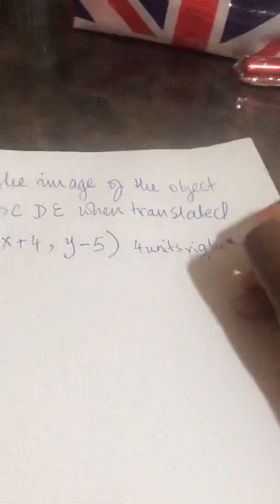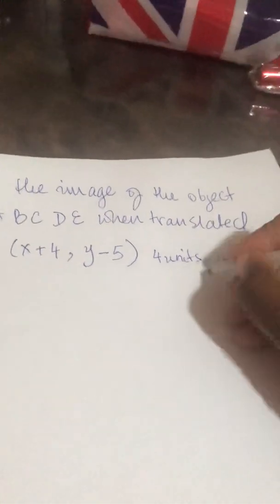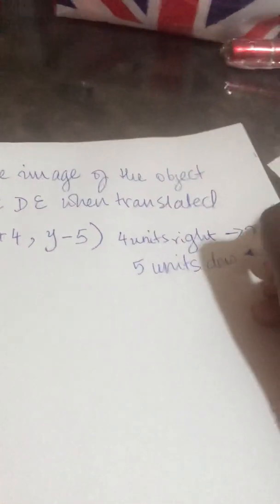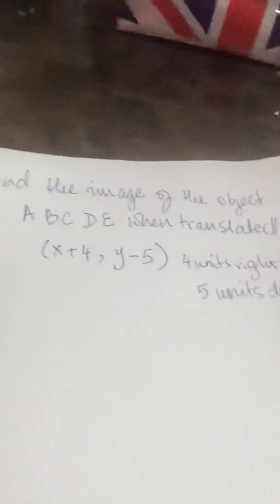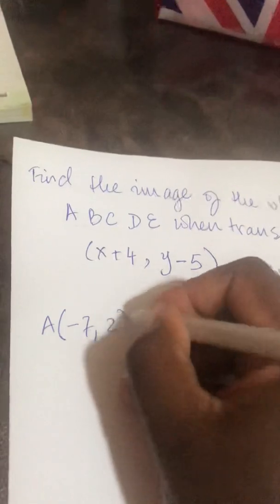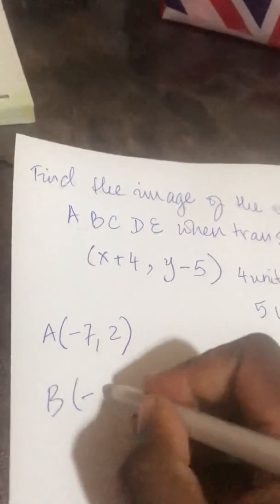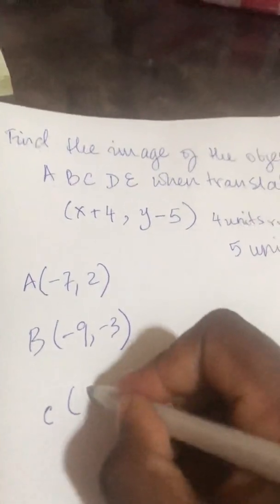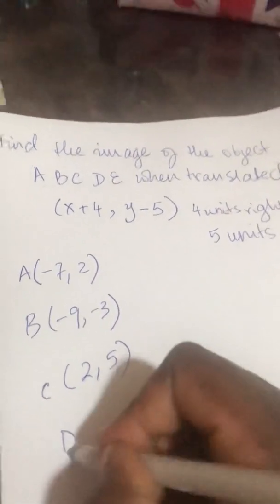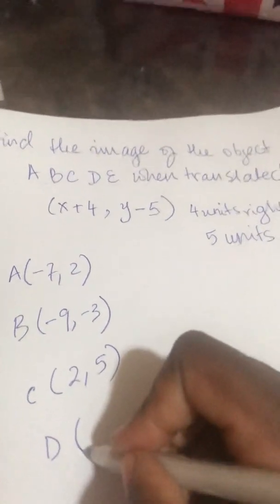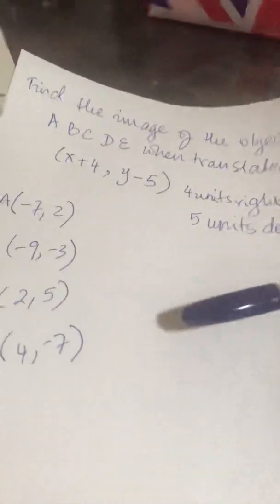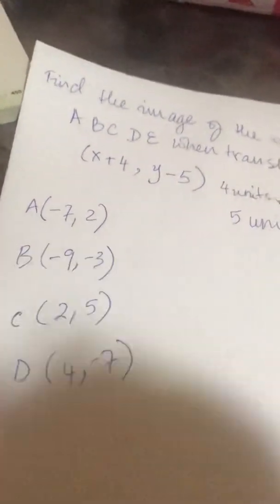Okay, so this is on X, and then 5 units down, and that is on Y. Okay, when A is negative 7, 2, B is negative 9, negative 3, C is 2, 5, D is 4, negative 7, like that. Okay, so this is your pre-image.